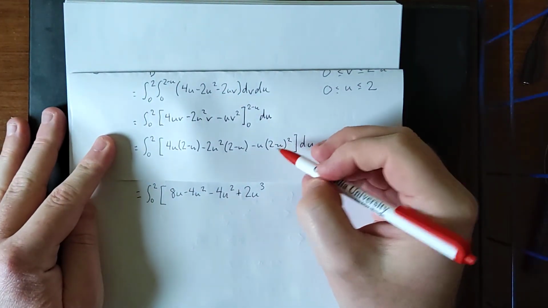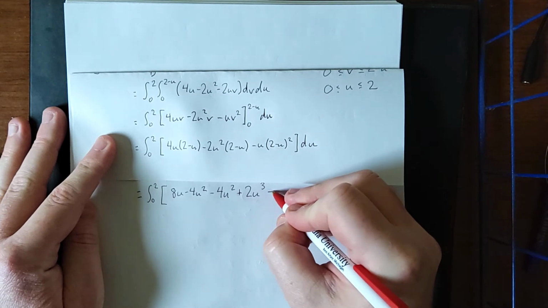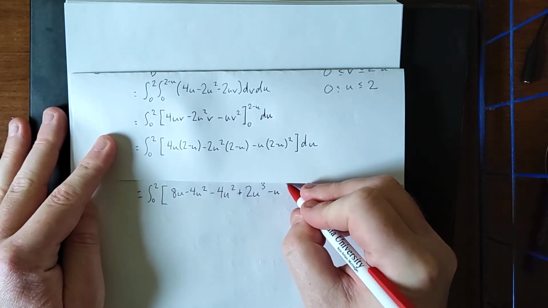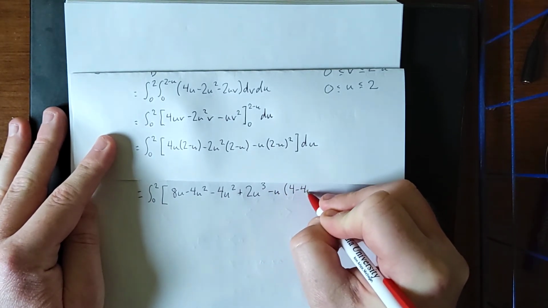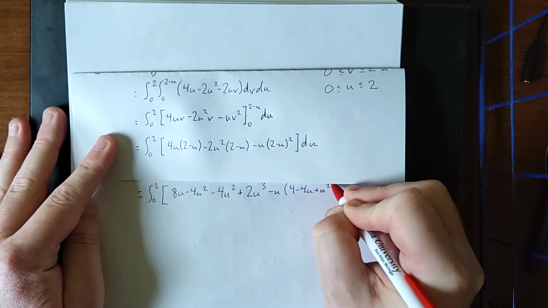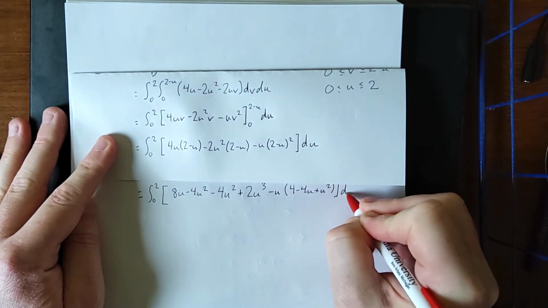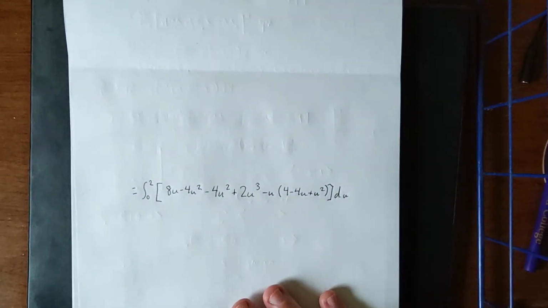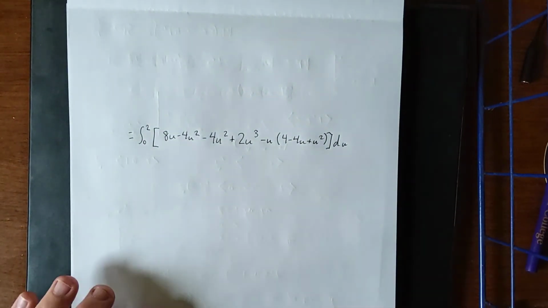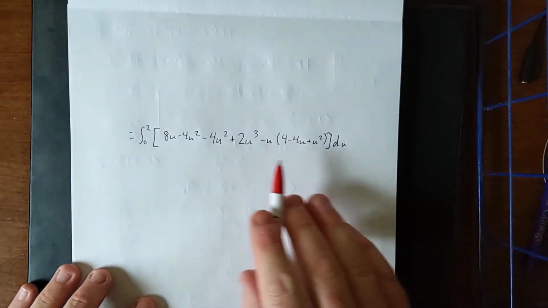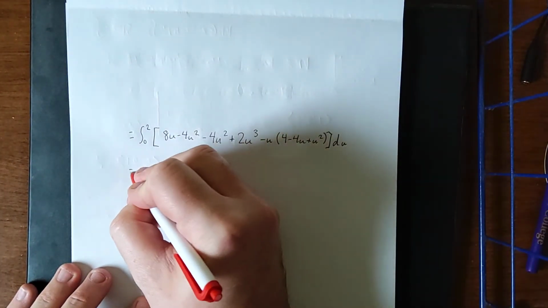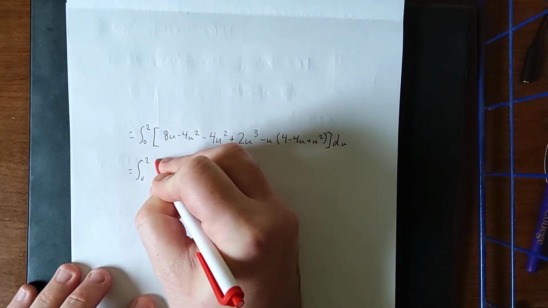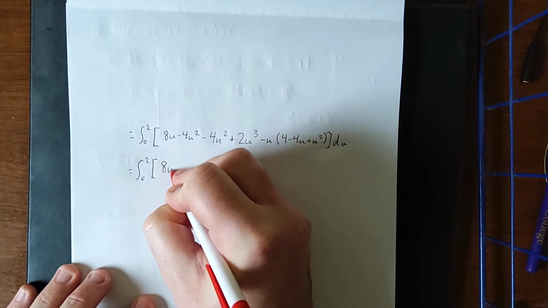We need to FOIL this, and we'll be distributing a minus u after that. So let's do that in 2 steps. Don't want to do too much at a time. So with all of that in mind, let's go ahead and distribute this minus u. Then we'll worry about combining like terms and then integrating one last time.